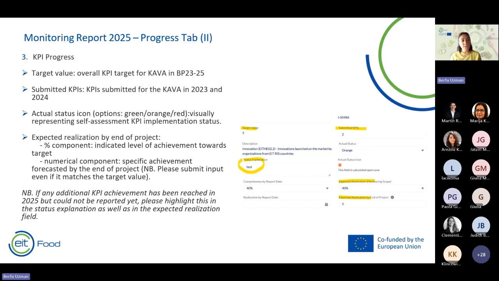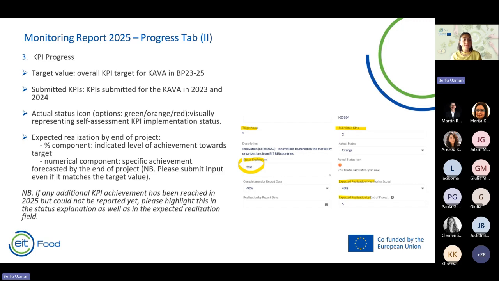One is the percentage, which indicates the level of achievement towards the target. And the second one is the numerical component. So you specifically show the achievement forecasted by the end of the project. So those are also mandatory. When you have the reports, you will be able to detect these mandatory fields, but these are important and it would be great if that can be assessed correctly by you as the activity leader.